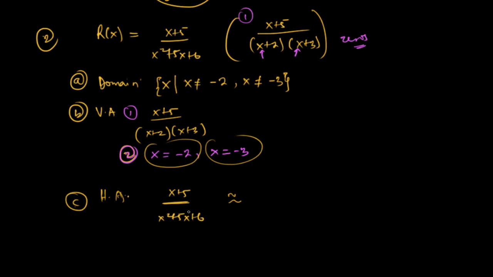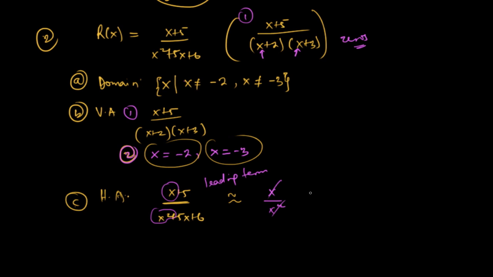What do we mean by approximating the function? That is by replacing the numerator and the denominator by their leading terms. The leading term is just the term of highest degree. Looking at x plus 5, x is the highest degree here. So I'm going to write x divided by the term that has the highest degree in the denominator, which is x squared.